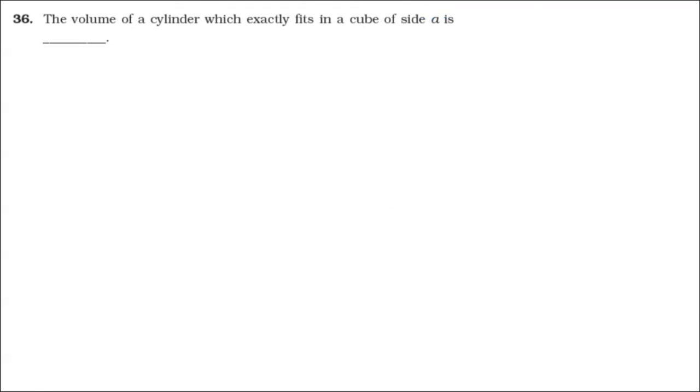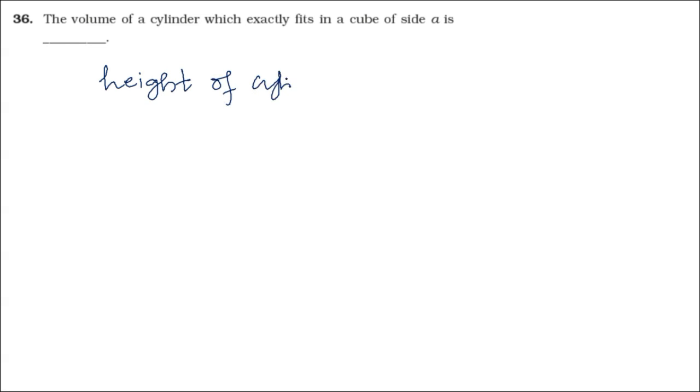Statement number 36. The volume of a cylinder which exactly fits in a cube of side A is. Imagine a cylinder placed inside a cube. Exactly, it means that the height of the cylinder will be same as the side of cube.